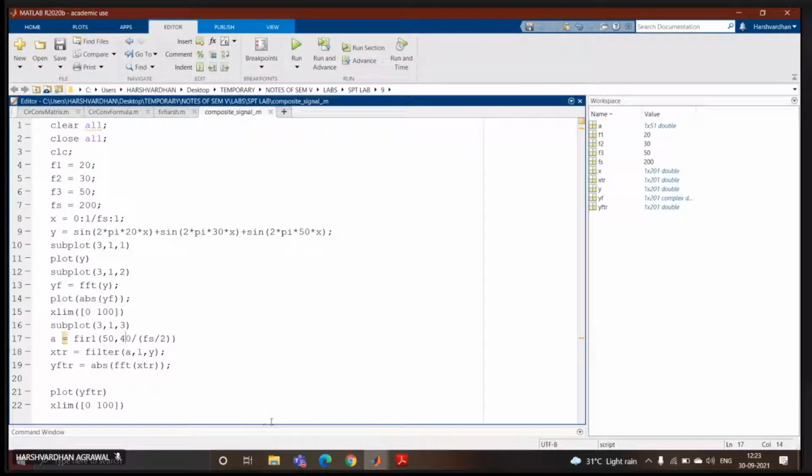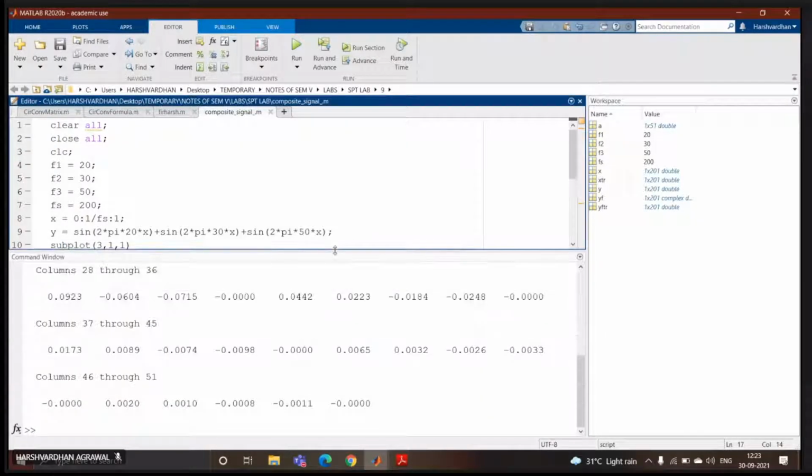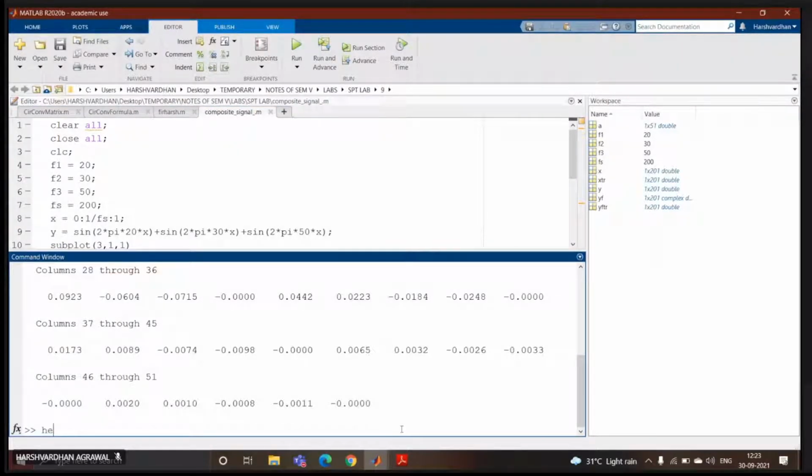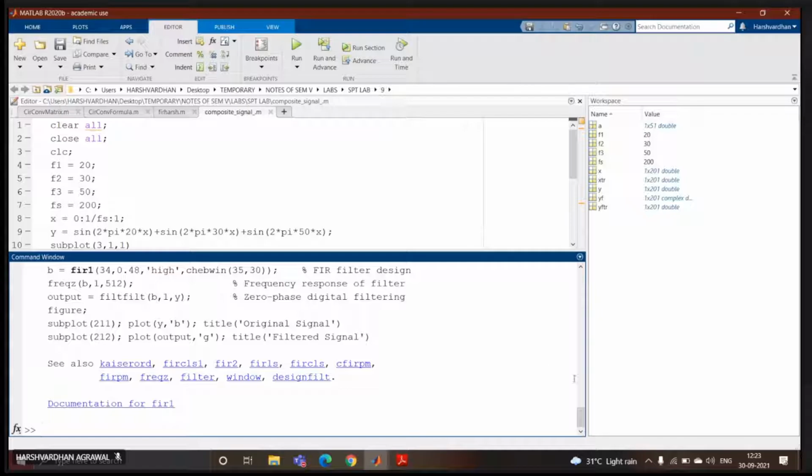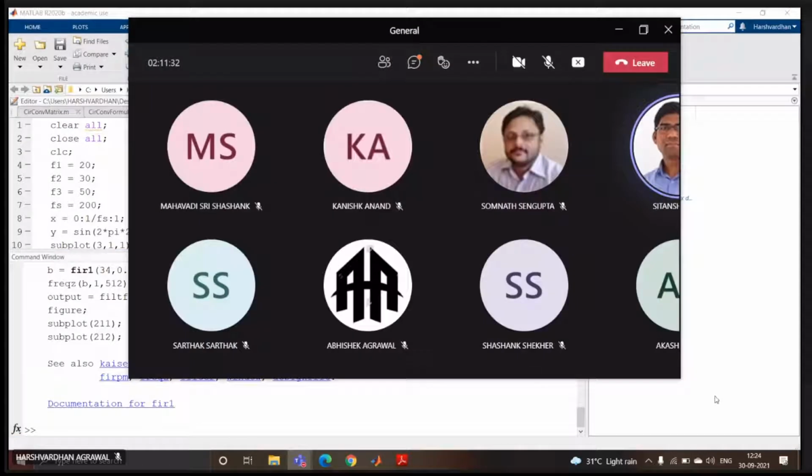You have to use the FIR one. Look at the documentation of FIR one. Now the coefficients are for the low pass filter. Then you have to look for the high pass coefficients. So that's your home task. At home, you design those things and let us know in the next class how you design a high pass filter.